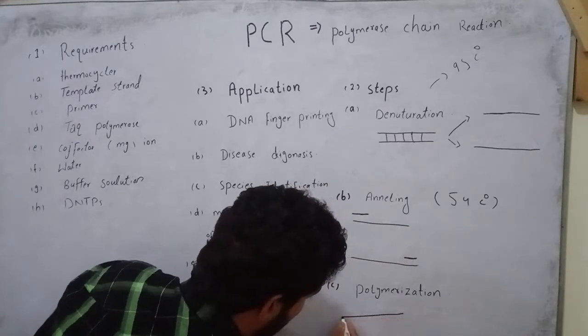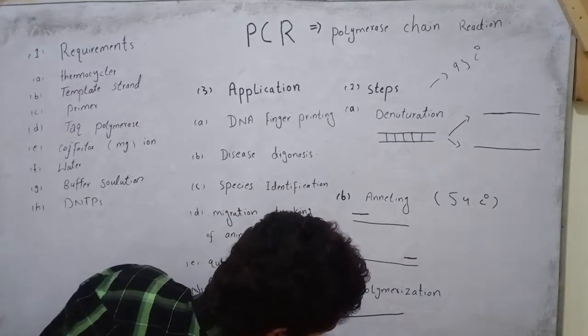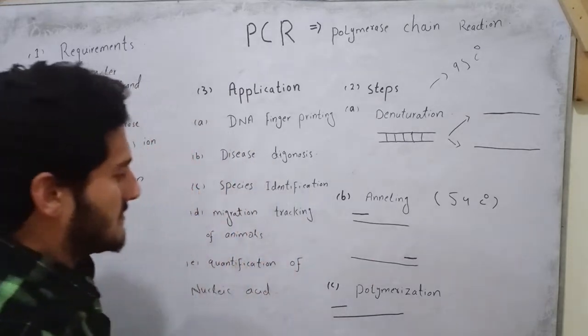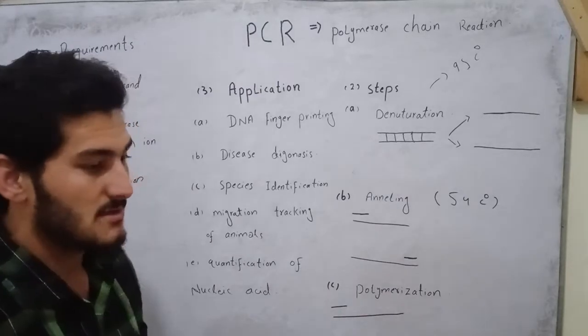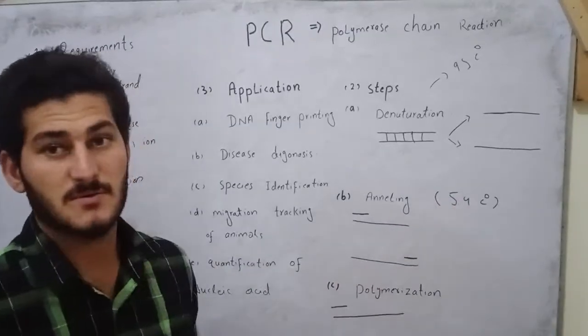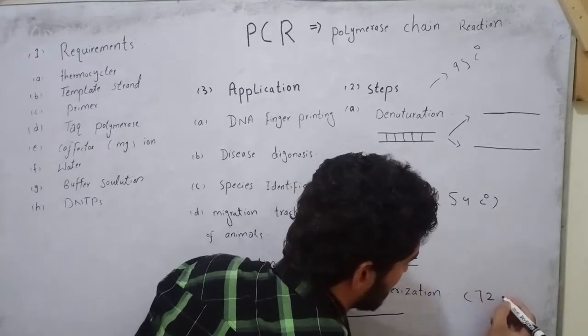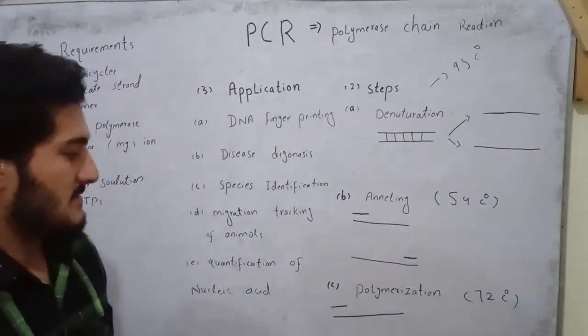Like that, this is our one strand, and this is the other strand. In the polymerization step, we increase the temperature from 54 to 72 degrees centigrade, because DNA polymerase does its activity at 72 degrees centigrade.